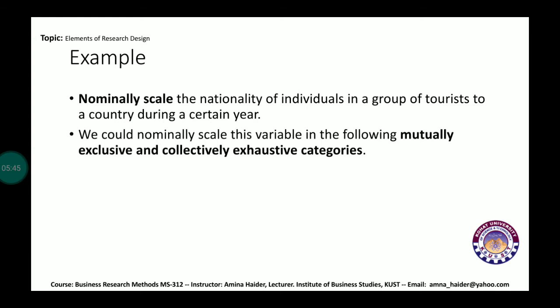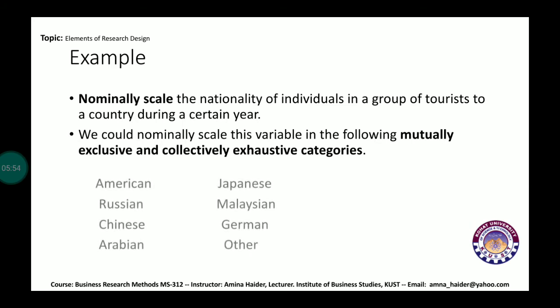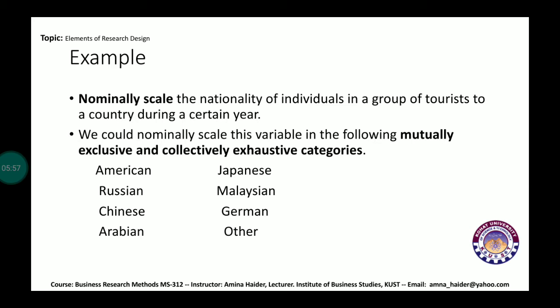Nominal scale: the nationality of individuals in a group of tourists to a country during a certain year. We would nominally scale this variable in the following mutually exclusive and exhaustive categories.